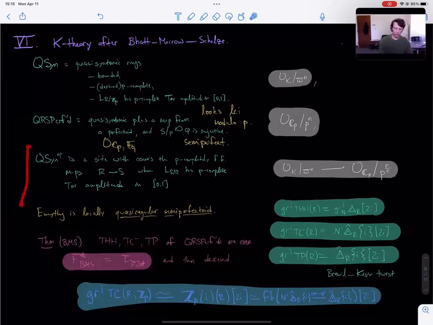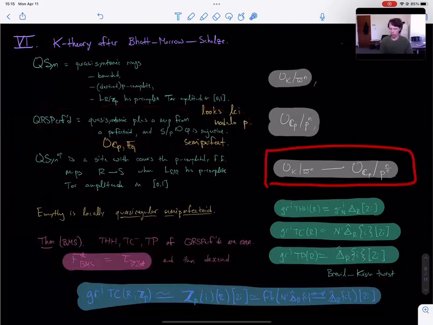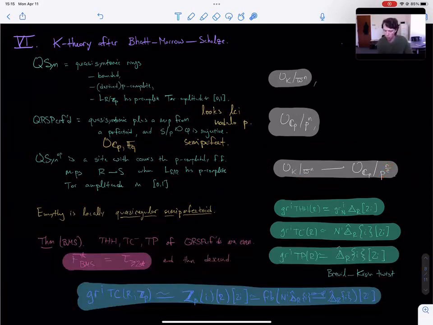And they define a site, the quasi-syntomic site, and basically everything is locally quasi-regular semiperfectoid. So an example of a cover is the following. We go from O_K mod pi to the n to O_{C_p} mod p to the power that it has to be, basically n over the ramification index.